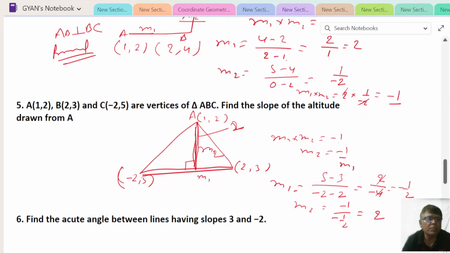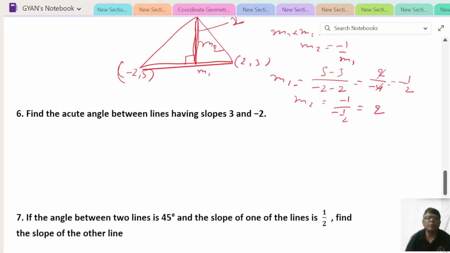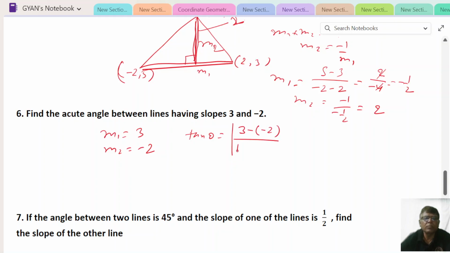Now come to the next question. The acute angle between the lines having slopes M1 and M2 is to be found. M1 is equal to 3, M2 is equal to minus 2. So tan theta is equal to 3 minus of minus 2 divided by 1 plus 3 into minus 2.